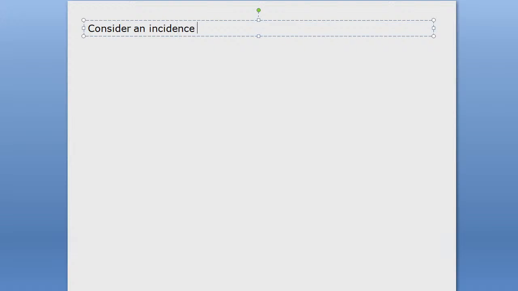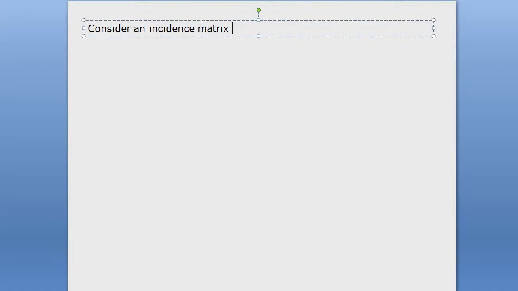Everyone consider an incident matrix. Let me write the values of the elements of the incident matrix.